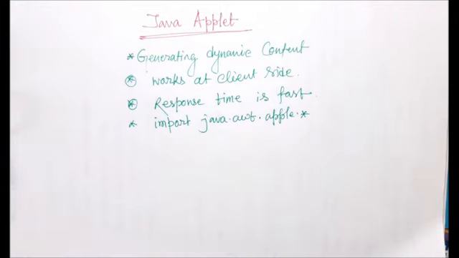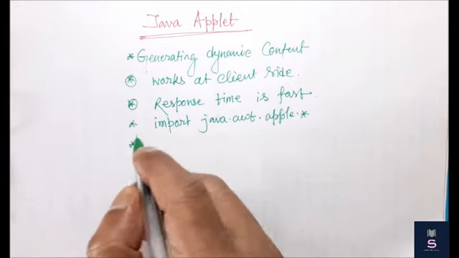We can say another way: an applet is a Java program that runs in a web browser. An applet is a Java class that extends the java.applet.Applet class. I will discuss the hierarchy of the applet class in a minute. One important thing is there is no main method.